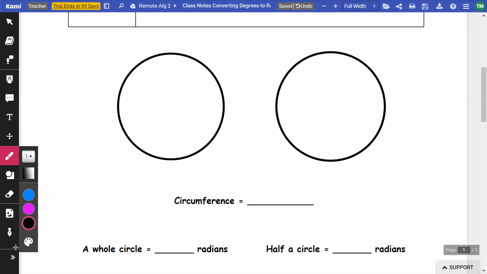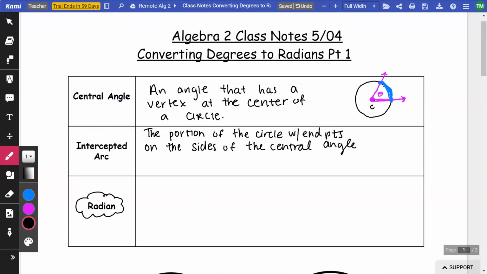So as you can see, this intercepted arc here has endpoints where it ends here and here. These two endpoints are where the rays of that central angle meet the circle itself.